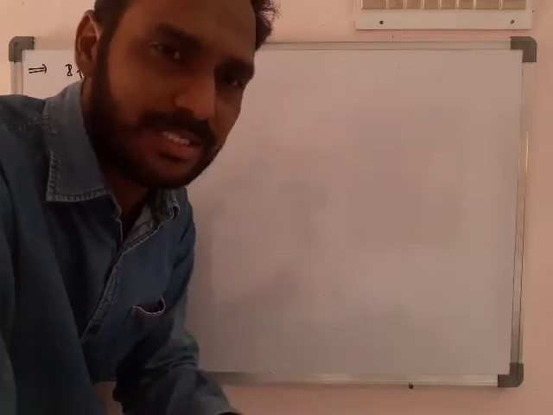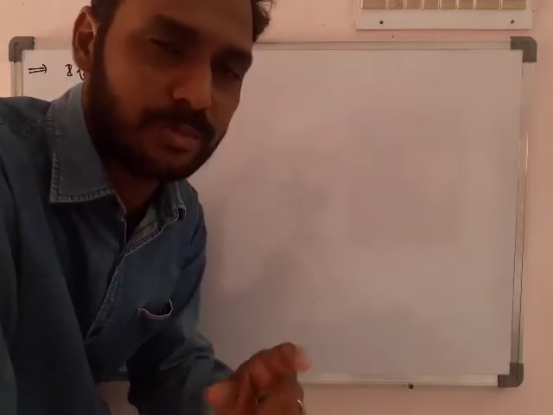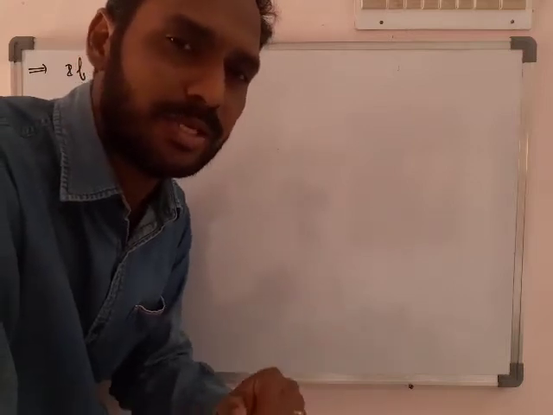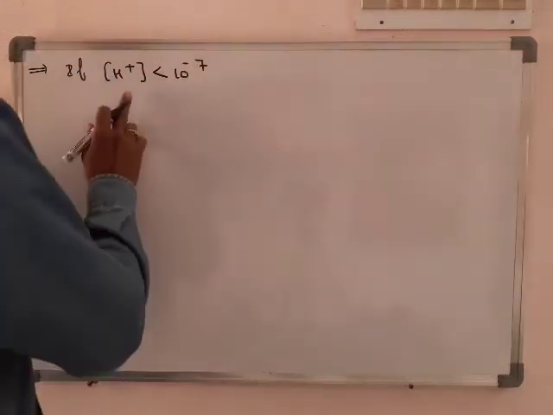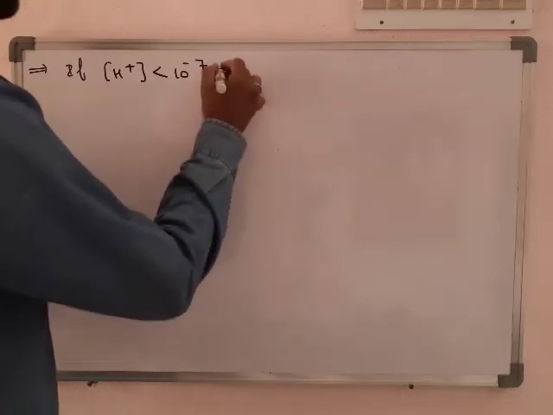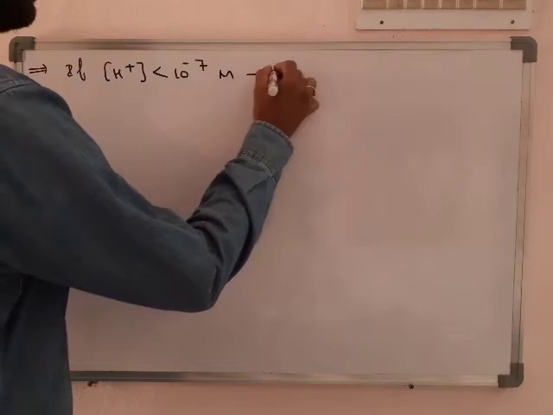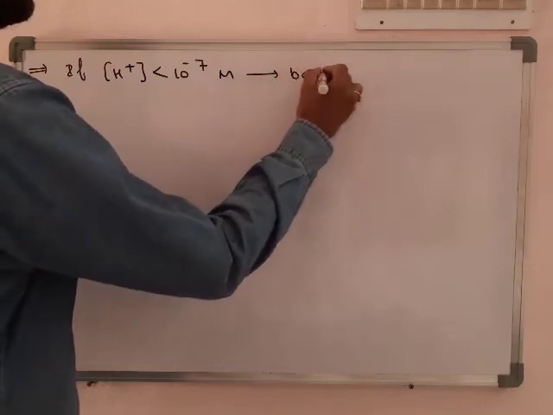In the pH scale, Sorensen took only the H+ criterion to explain acids and also bases. So if H+ concentration is less than 10^-7 moles per liter, it indicates a base.